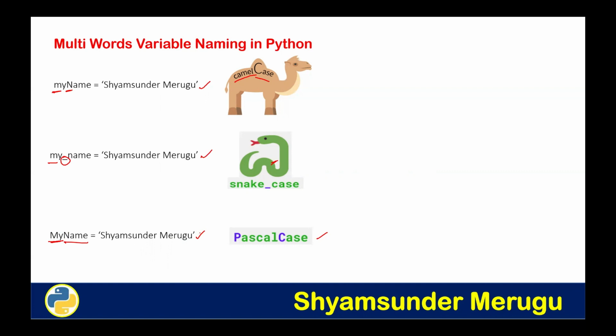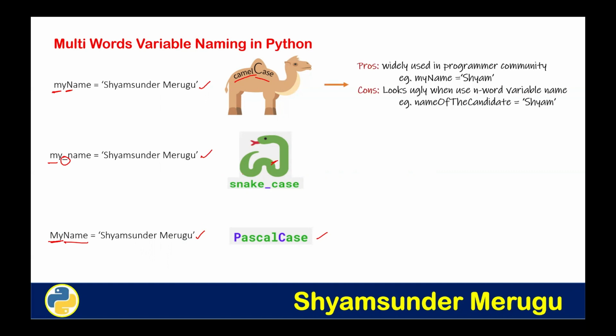So what are the pros and cons of these three, and where can we use these multi-word variable naming concepts? When it comes to camel case, the pros are that it is widely used in the programmer community, right? And the cons are that it looks ugly when used in a long variable name.